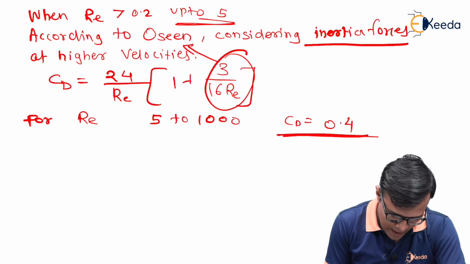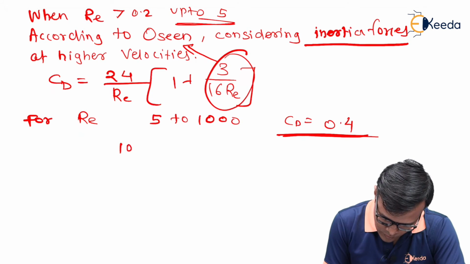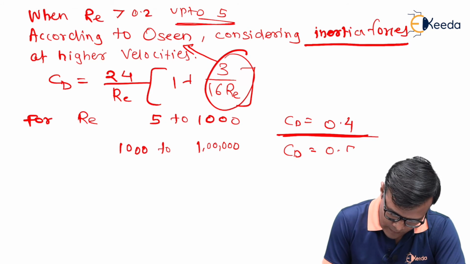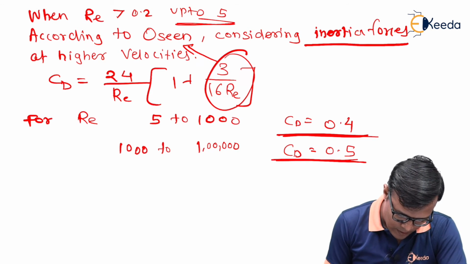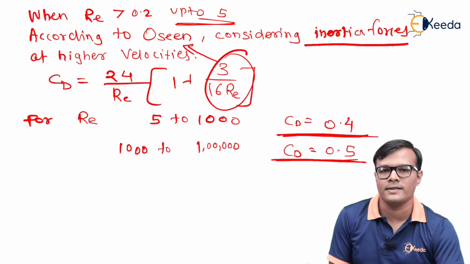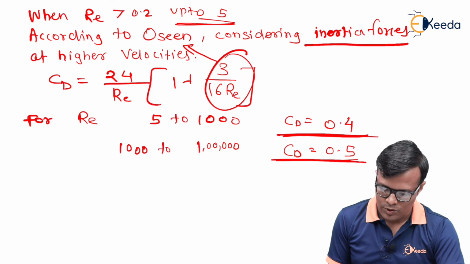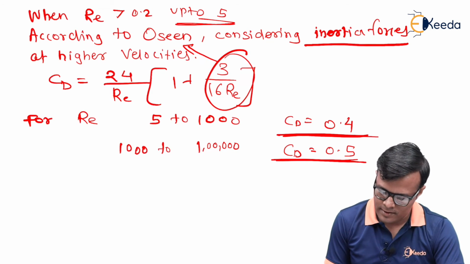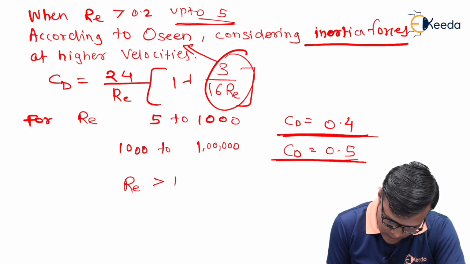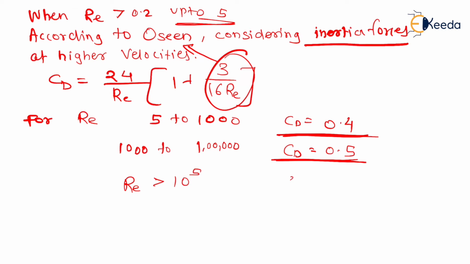And for Re value 1000 to 1 lakh, Cd is 0.5. Now an increase in the Reynolds number value means we are increasing the flow velocity. So as flow velocity is increased, this Cd value is also increased. So for Re greater than 10 to the power 5, Cd value becomes 0.2.